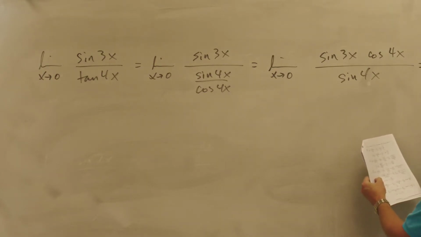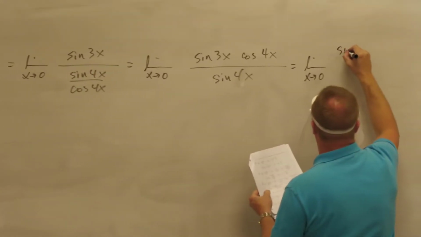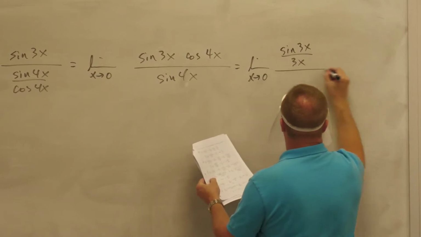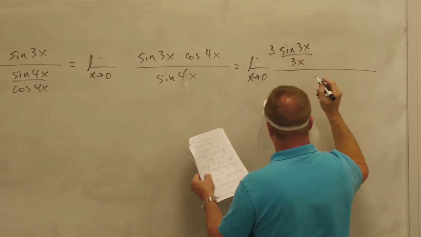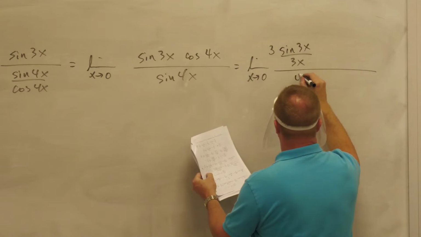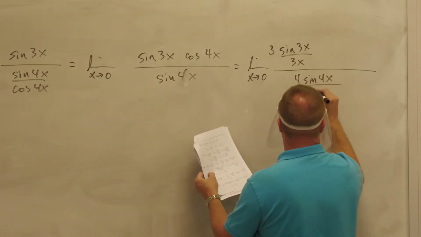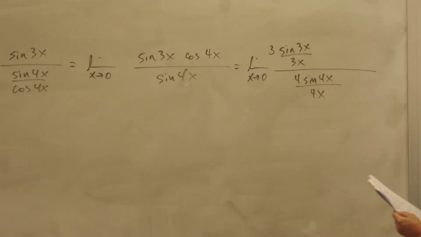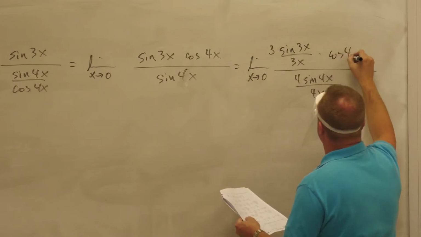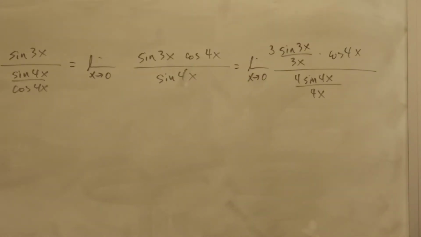So you would have sine 3x over 3x with a 3 there, and then 4 sine 4x over 4x. All right. And then times cosine 4x.